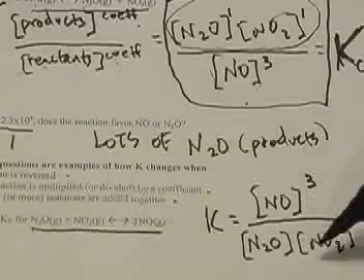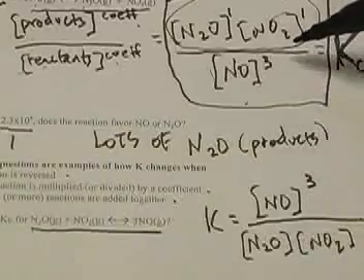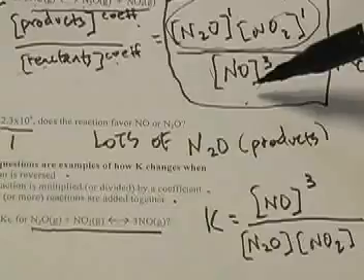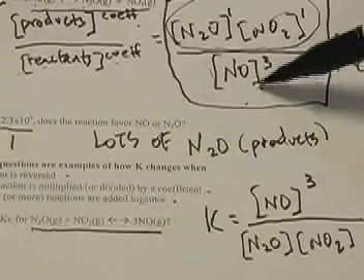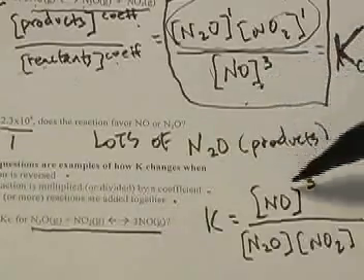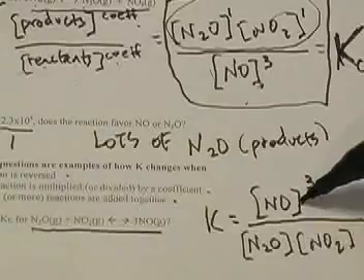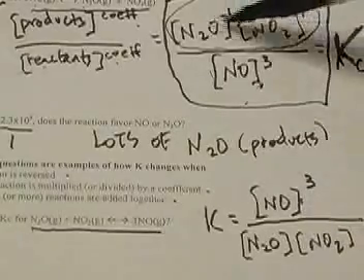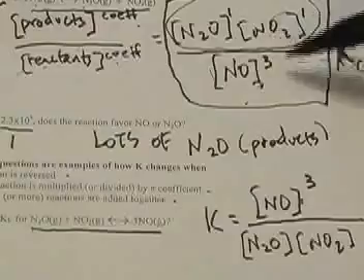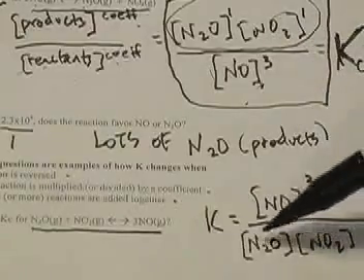What has changed? Notice the NO used to be on the bottom or in the denominator up here. Now it's in the numerator. Notice these two right here used to be on the top, and now they're on the bottom.